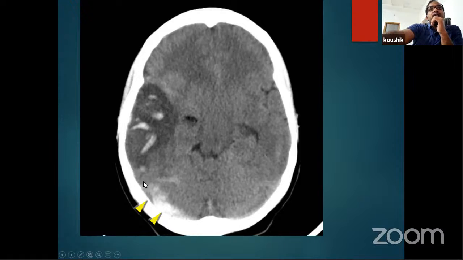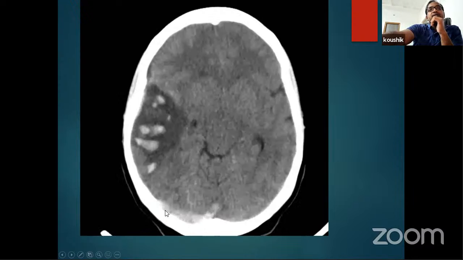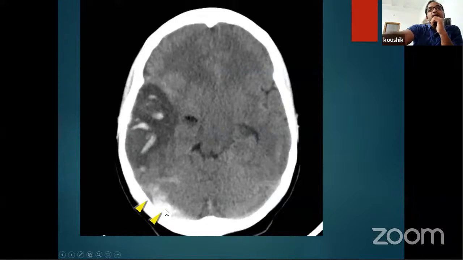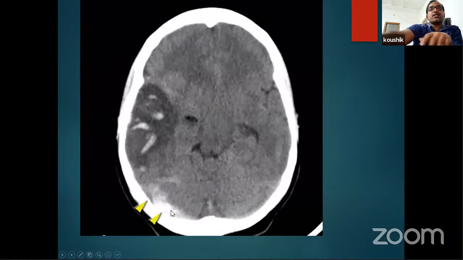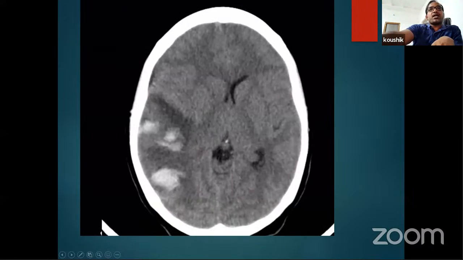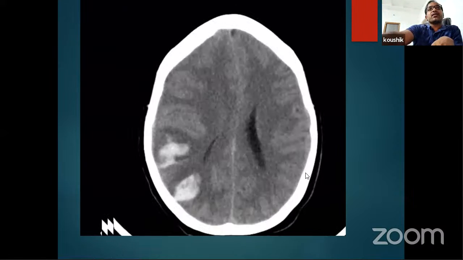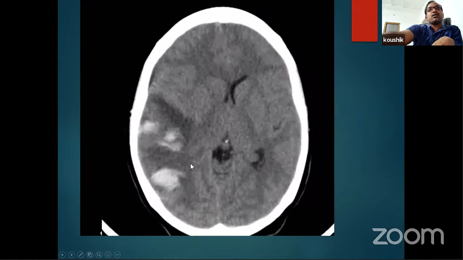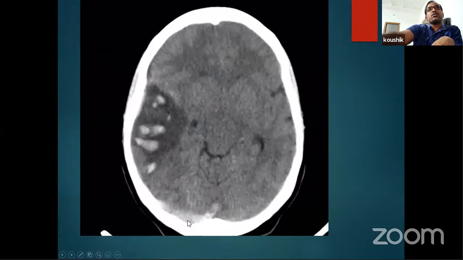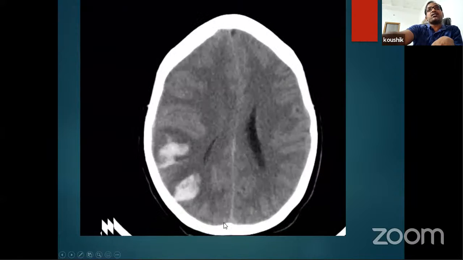And then we have a hyperdense right transverse sinus here, which is marked by these arrows. Hyperdense right transverse sinus, which is a thrombosed right transverse sinus. Here we can see a stack of images. This is a hemorrhagic infarct, and this is the thrombosed right transverse sinus.